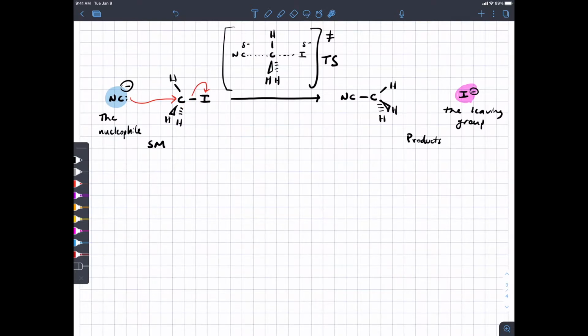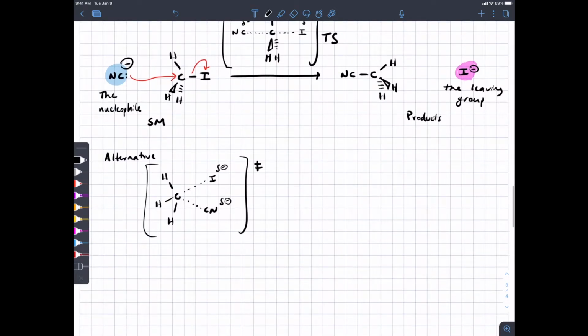And you could presumably have proposed an alternative in which perhaps CN minus came in from the same side as I minus was leaving. Maybe a transition state like this.